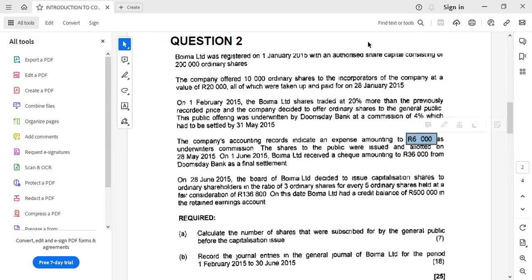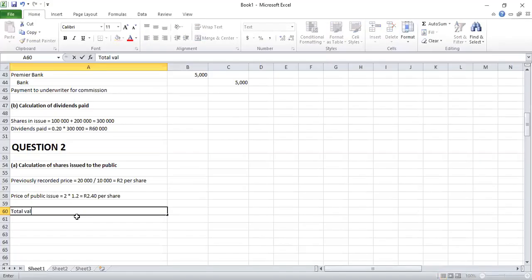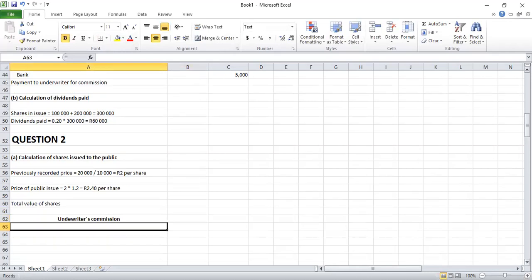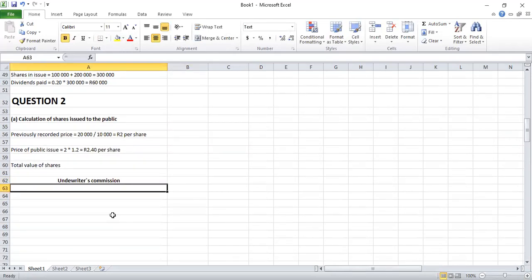So to get the total value of shares, if we are given the commission, we say underwriter commission divided by commission percentage.